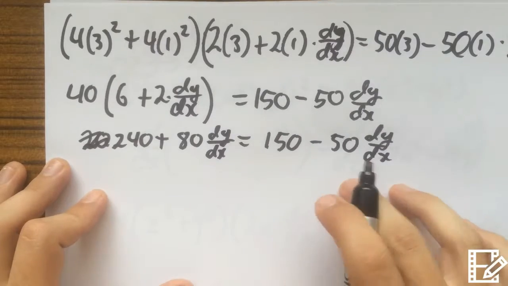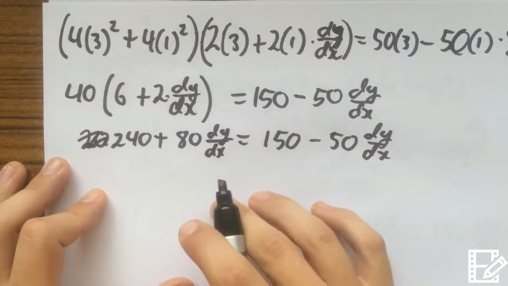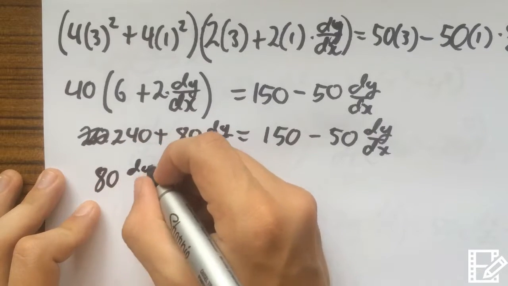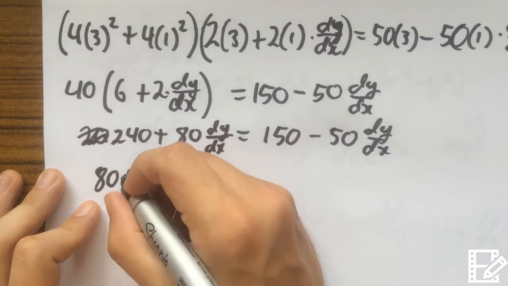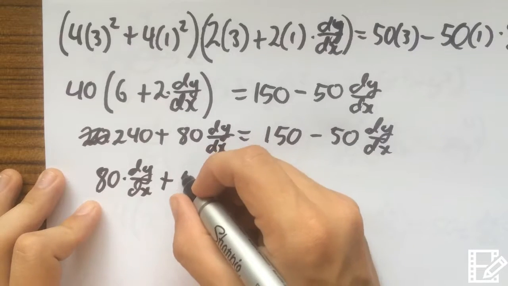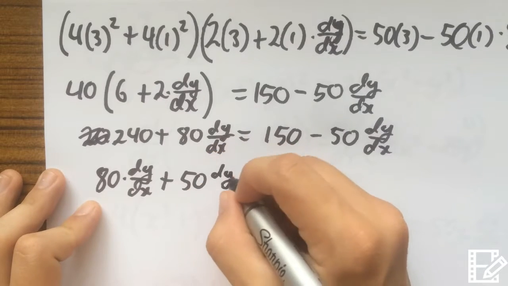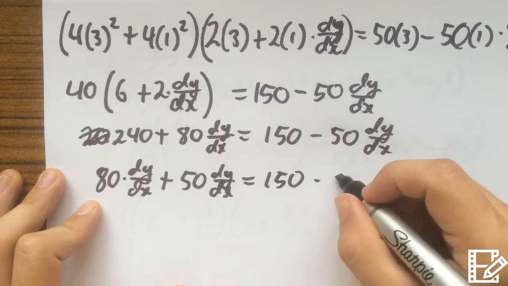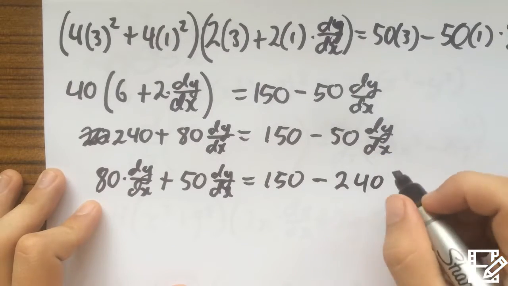Okay, what I'm going to do is get all the dy/dx on one side and all the others on the other. So we're going to have 80 dy/dx plus 50 dy/dx equals 150 minus 240.